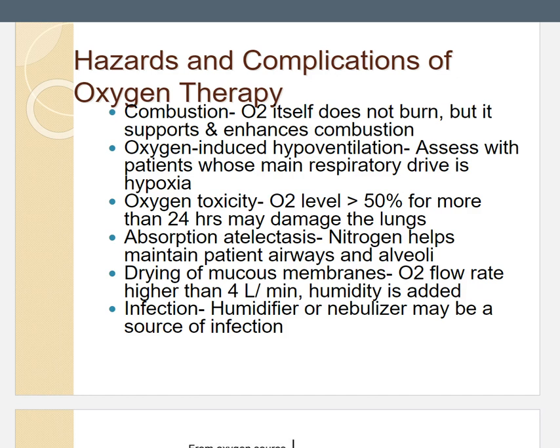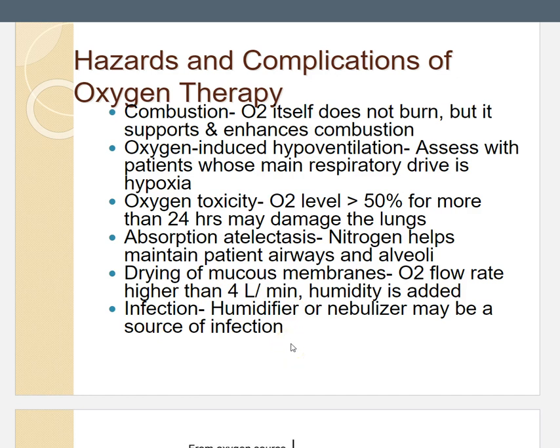Because the problem with that is it's wet, it's a great media for bacteria, and you don't want that getting into your oxygen. You don't want your patients inhaling that, because the culprit most associated with this is Pseudomonas. And so we don't want our patients having that.